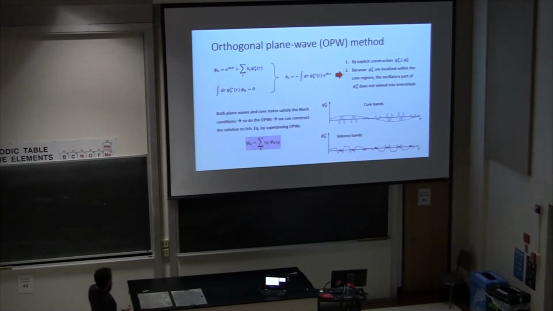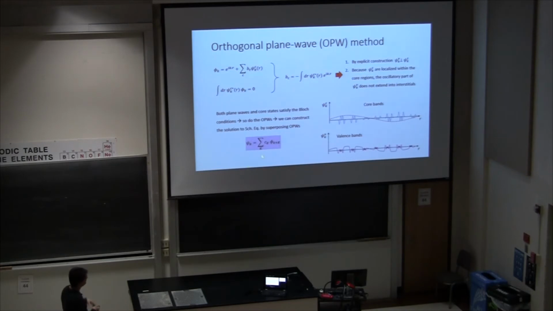So now, in order to construct the complete wave function that is the solution to your lattice Schrodinger equation, you need to evaluate all these bc coefficients, and you have to evaluate your orthogonal plane waves, and then you have to sum over all the reciprocal lattice sites.